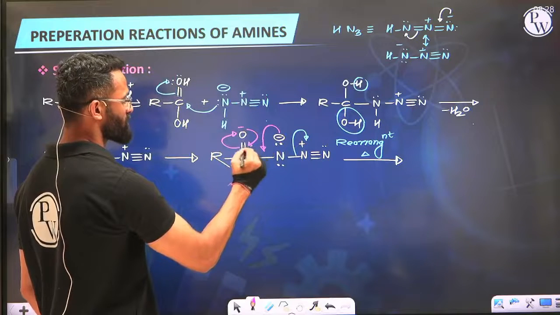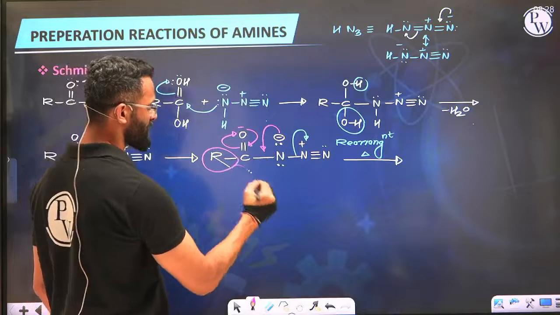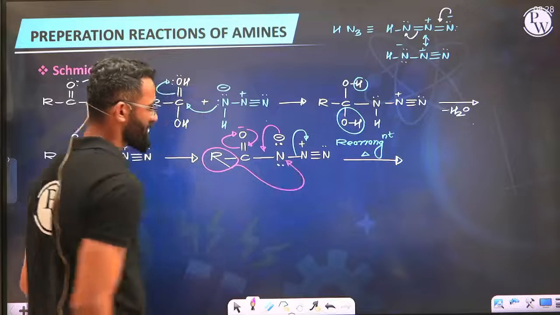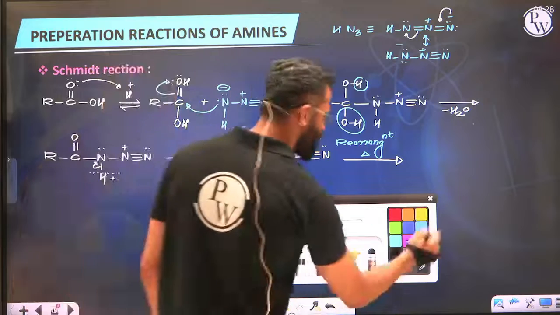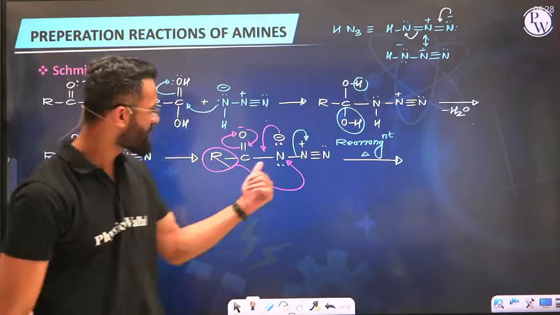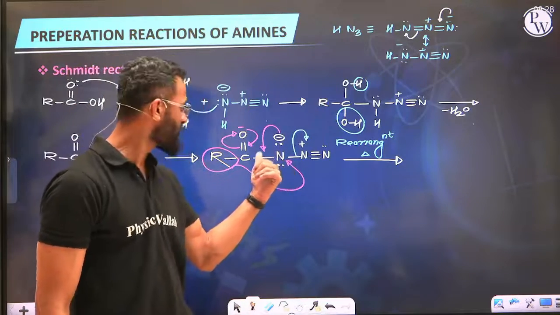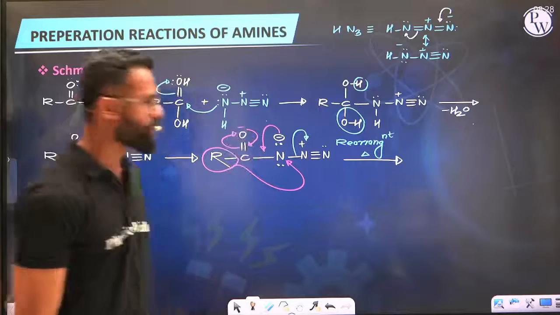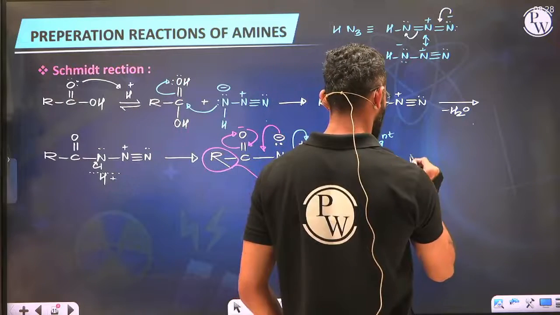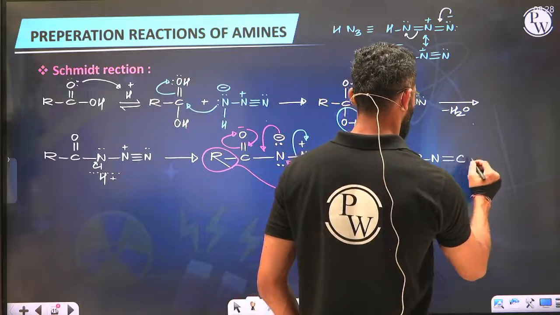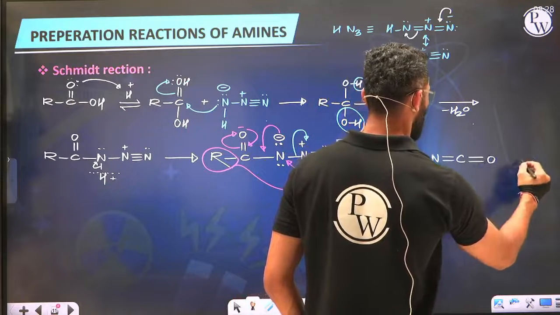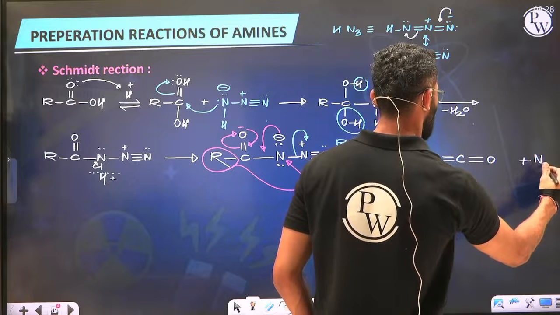That will delocalize back to push the entire alkyl as R minus to attack at N. Right everyone? So see, eventually we got the same alkyl isocyanate, R, N, carrying lone pair, double bond C, double bond O. So the product is R, N, double bond C, double bond O, of course with the loss of N2.